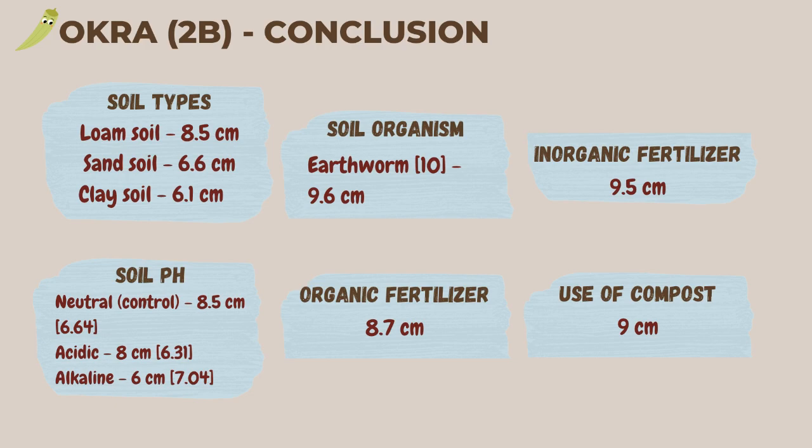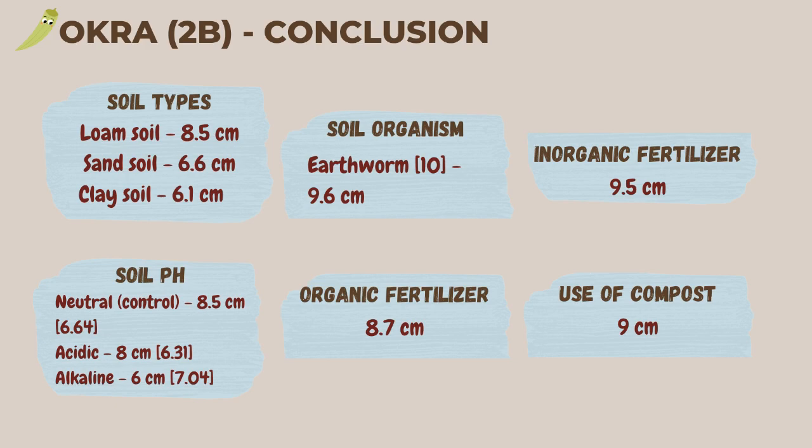After 8 weeks, we measured all the plants in each of the parameters. For the soil types, in loam soil, the plant grew to 8.5 cm, sand soil 6.6 cm, and clay soil 6.1 cm. Next is the soil organism.